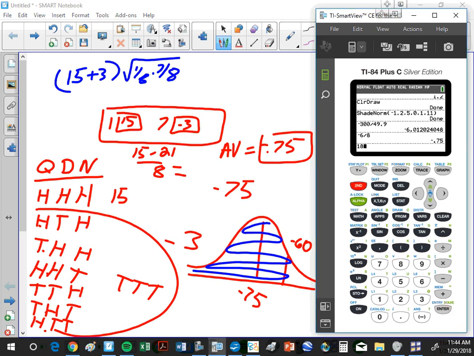So 18 times the square root of 1/8 times 7/8. No, it doesn't matter. Multiplication commutes, so it doesn't matter.